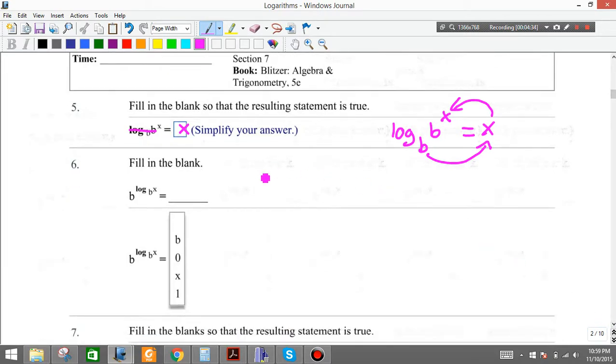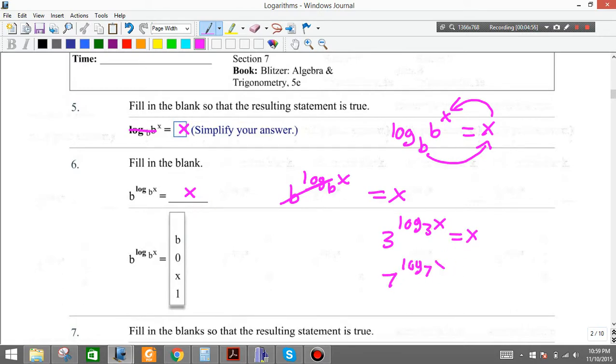For the same reasoning, b to the log base b of x, they also cancel each other out, and you're just left with x. This means that 3 to the log base 3 of x is x, and 7 to the log base 7 of x is x.